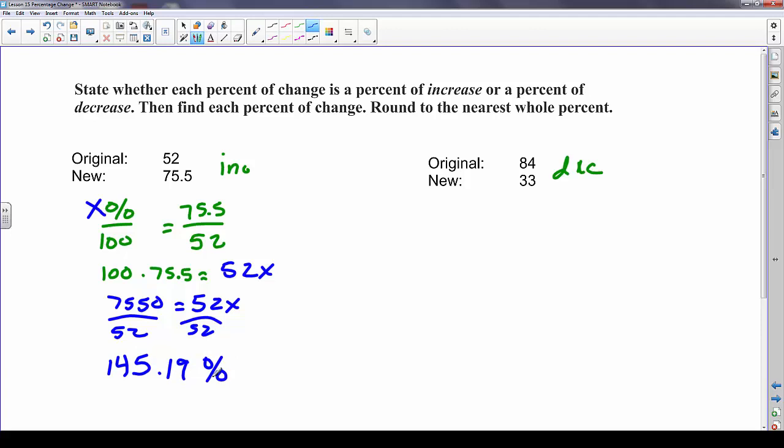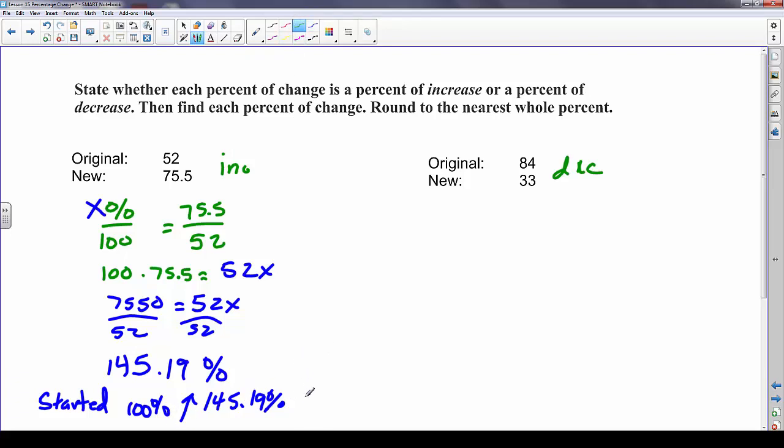Now, the thing is, this problem isn't done, because what I did was I started at 100%, went up to 144.23%. So the actual answer to this, because they wanted to find the percent change, is actually going to be the difference of these two numbers.